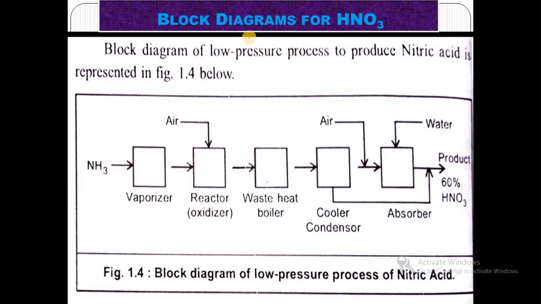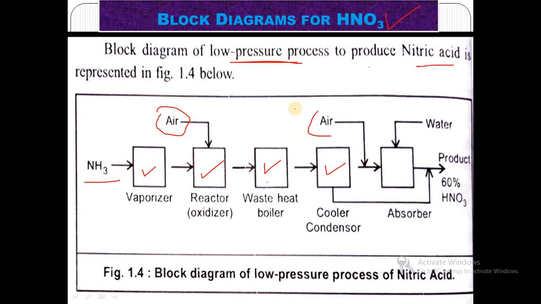Now we will see a specific example, the block diagram for HNO3, that is nitric acid production. The block diagram of the low pressure process to produce nitric acid is represented in the following diagram. Ammonia is passed through this block, where the vaporization process is carried out. Then when air is passed, oxidation is carried out in the reactor. Then a waste heat boiler is used. Then in the further blocks, a cooler condenser is used.